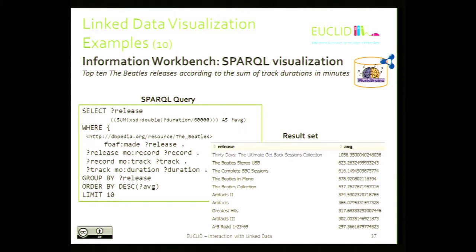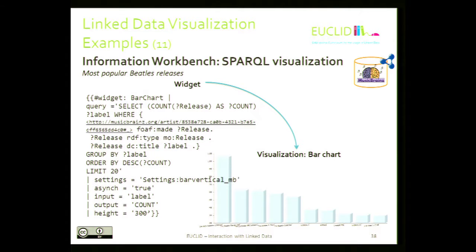In the case of a simple table result, this works straightforward. There are no further configurations that you have to apply. But for example, if we want to have a bar chart, we must tell the system basically which is the x-axis and which is the y-axis.